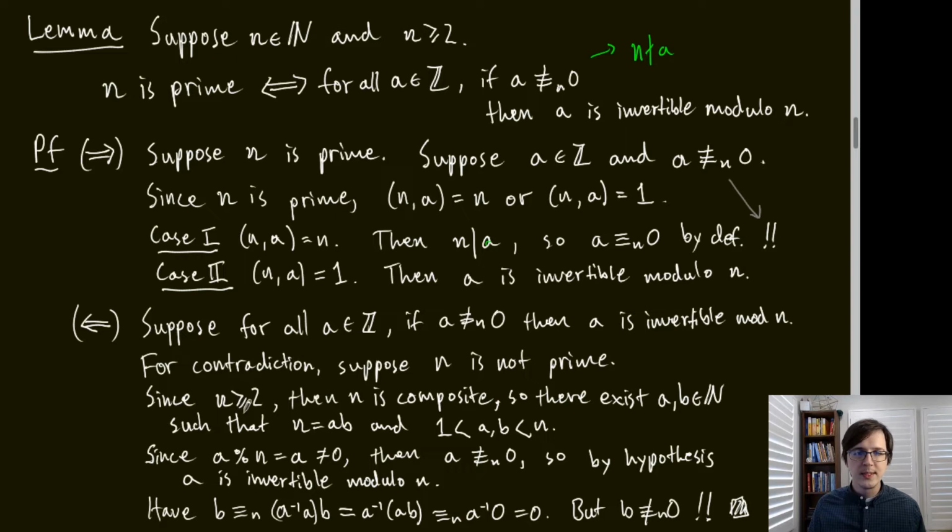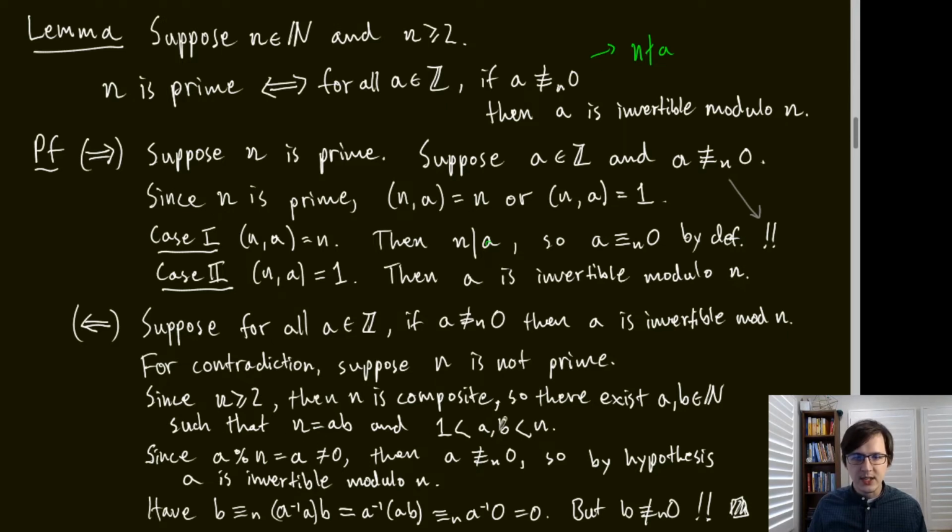Since we assumed n is greater than or equal to 2, it's not 0 and it's not a unit, and it's not prime, so by definition it's a composite number. And one thing we showed a few lectures ago is that when you have a composite number, there exists a non-trivial factorization of it: a and b, where n is a times b, and a and b are neither 1 nor n.